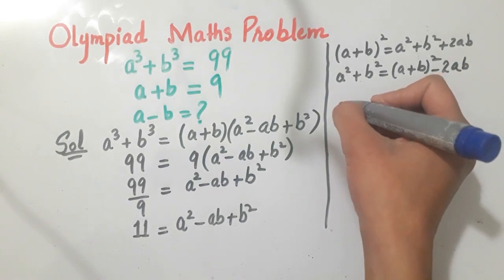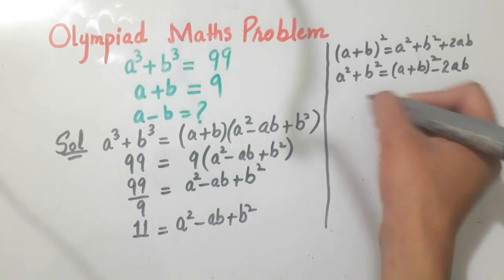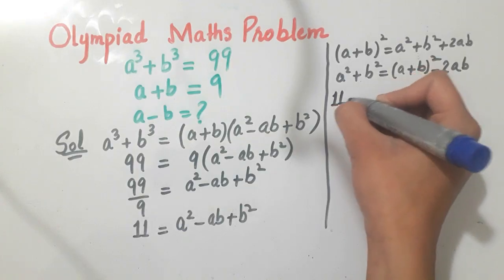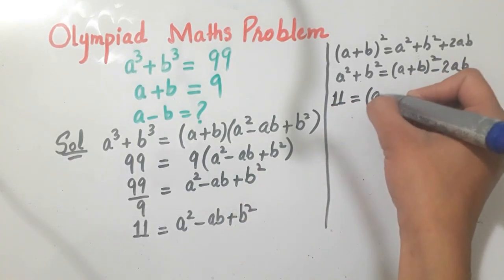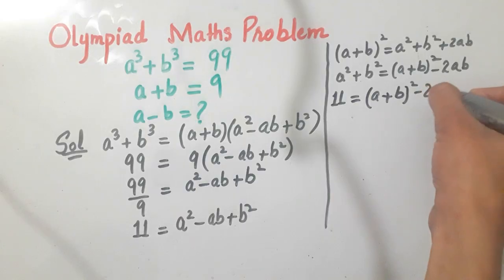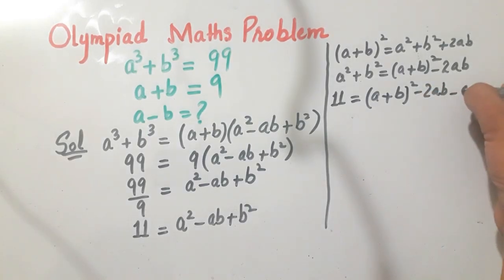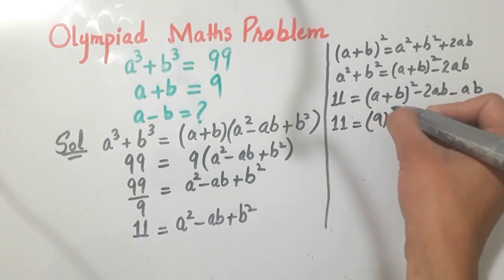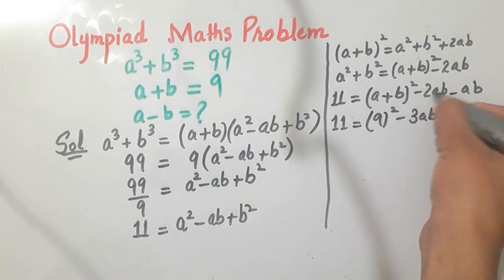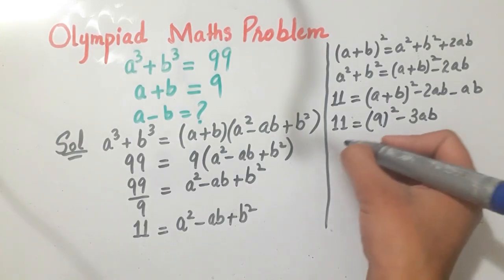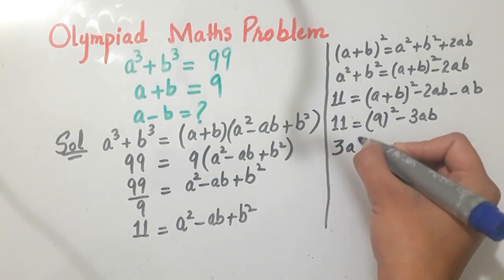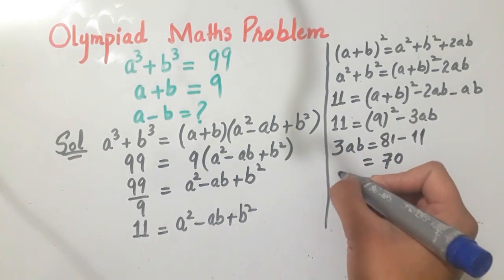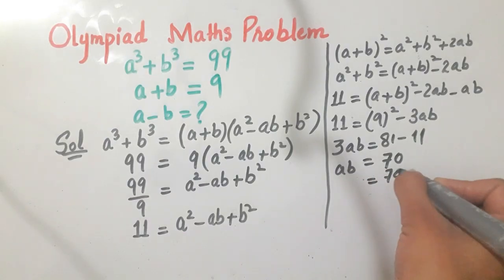Now in the next step, we will write 11 equals, in place of a square plus b square, a plus b whole square minus 2ab, and this was minus ab. So 11 equals a plus b whole square, means 9 square, minus 3 of ab, because minus 2 and minus 1 will become minus 3. Now 3ab equals 81 minus 11, that equals 70. So the value of ab will be 70 by 3.